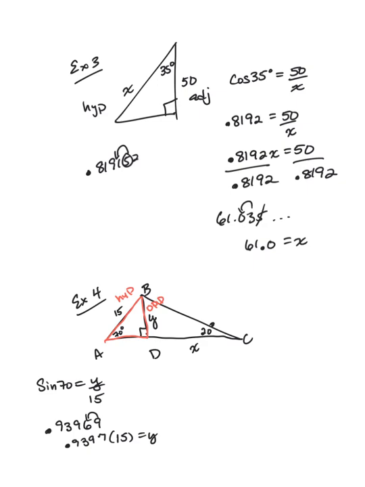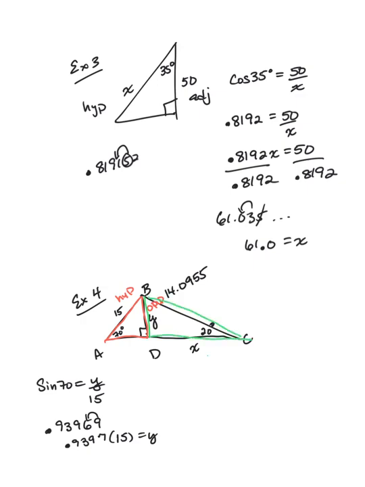If we're rounding to the tenth, just leave the answer sloppy in your previous step, because if you round too far, you're going to end up with something called rounding error. So this is 14.0955.